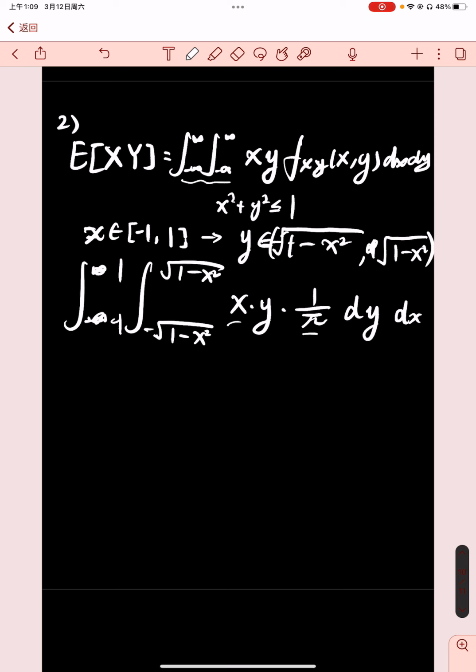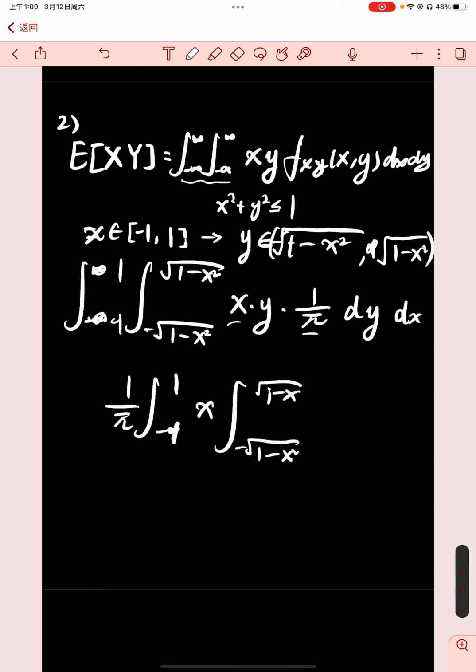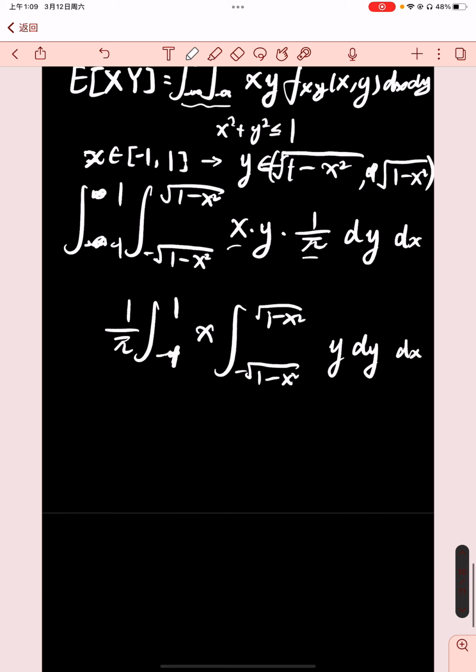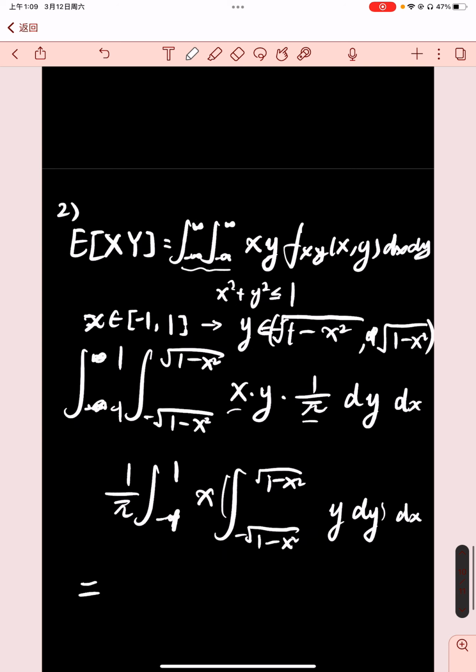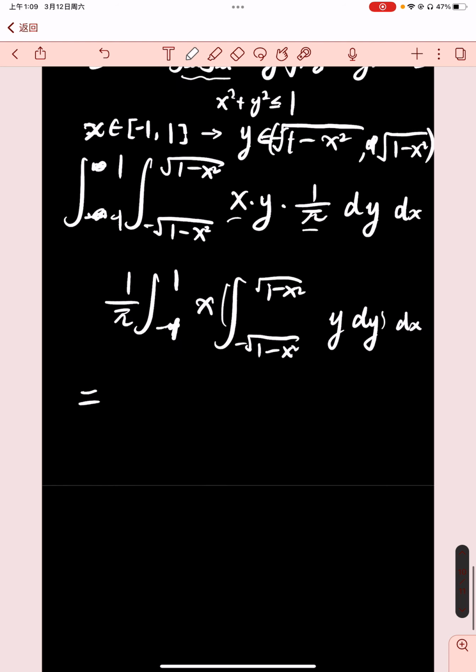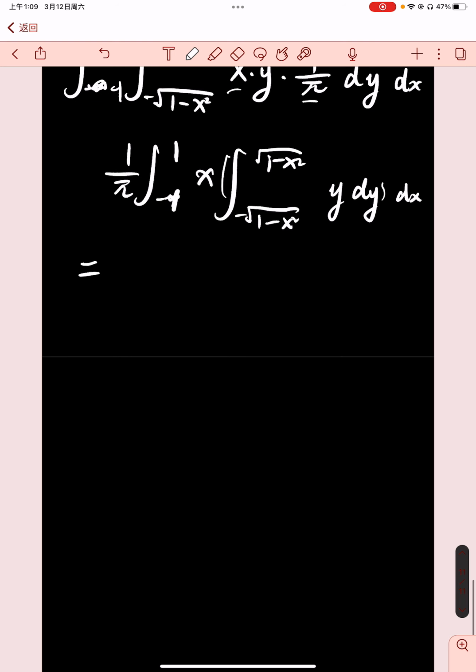Take the 1 over pi x out. It will be y dy dx, and here is 0. So finally, the expected value of x and y is also equal to 0.